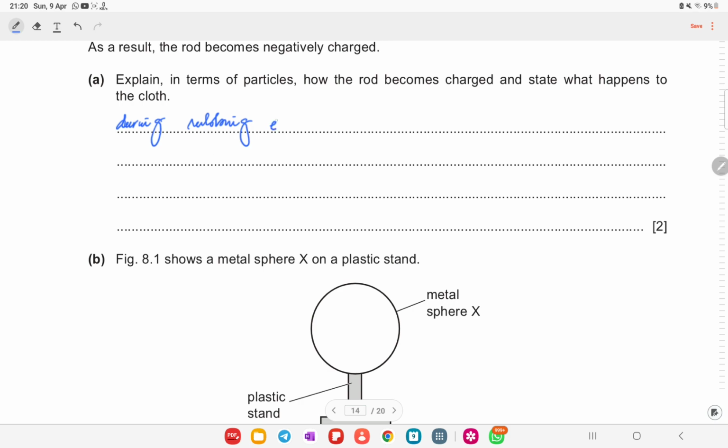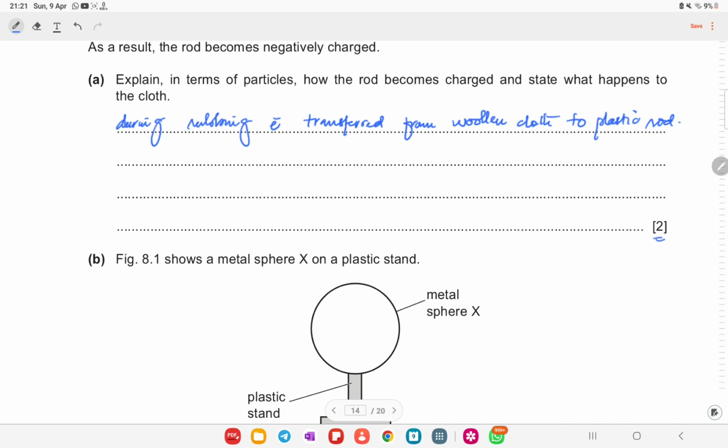During rubbing, the electrons will be transferred from the woolen cloth to the plastic rod. This is what will happen when you rub this.